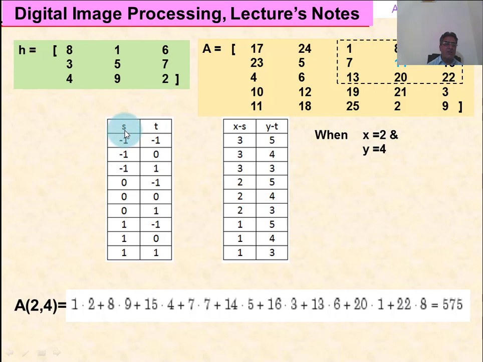Then the corresponding values of s and t will make it 3 and 5, because x is 2 and s is minus 1. Minus 1 into minus 1 plus 1, and 2 plus 1 will become 3, and y minus t, the value of y here is 4. 4 minus t, the corresponding t value is minus 1. Minus 1 into minus 1 plus 1, 4 plus 1 will become 5.